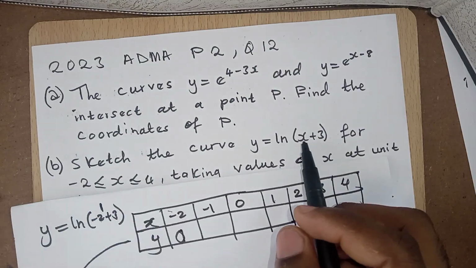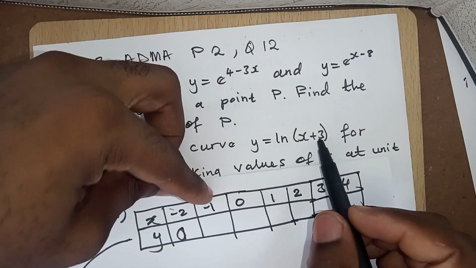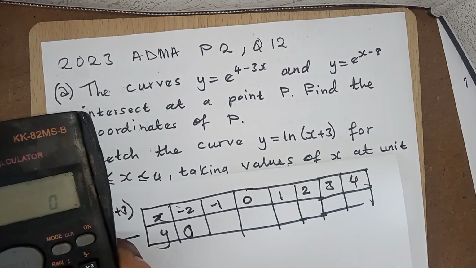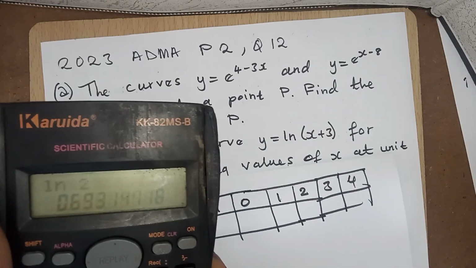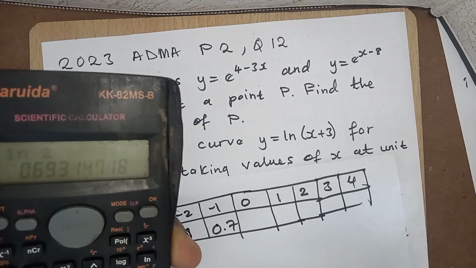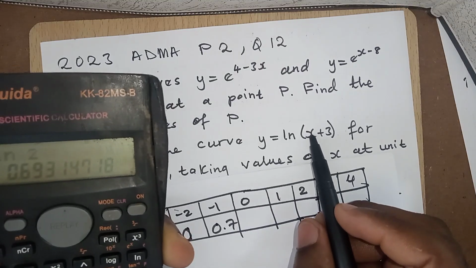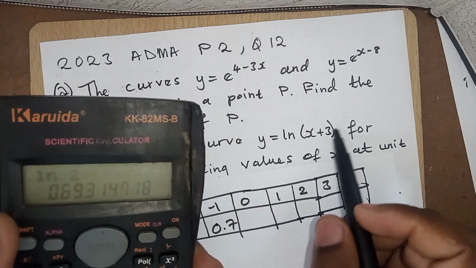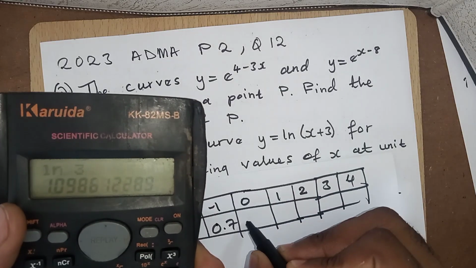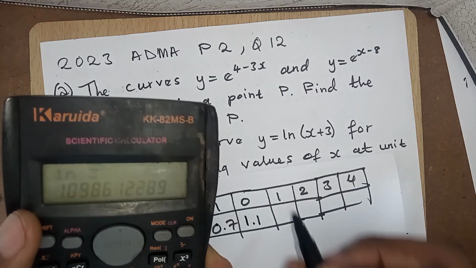Then when x is equal to negative 1, you put your negative 1 there, you have a 2. So this will be ln 2, which is approximately 0.7. When x is 0, you have ln 3, which is approximately 1.1.